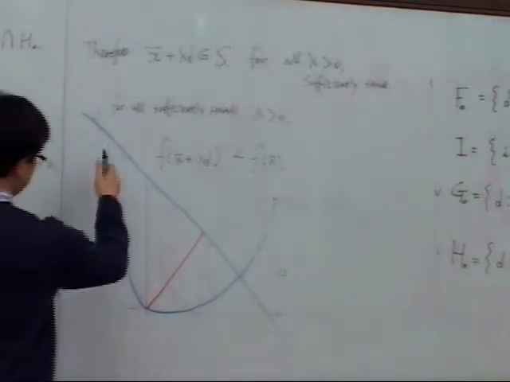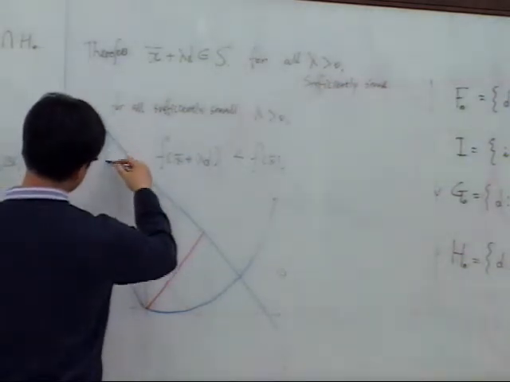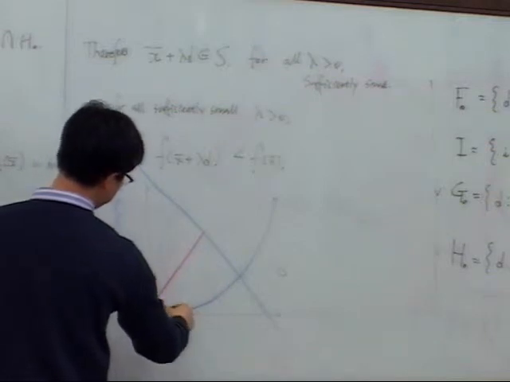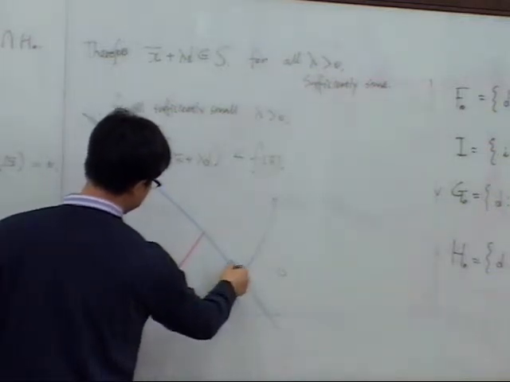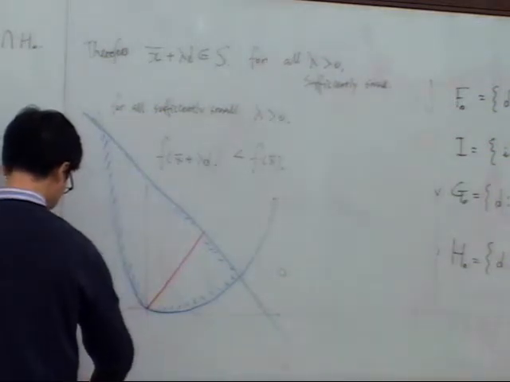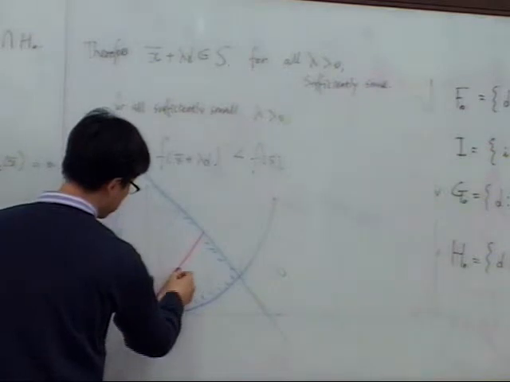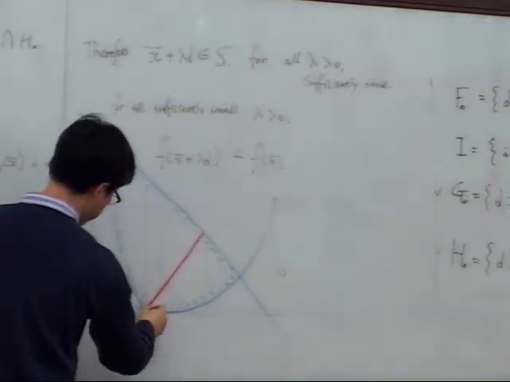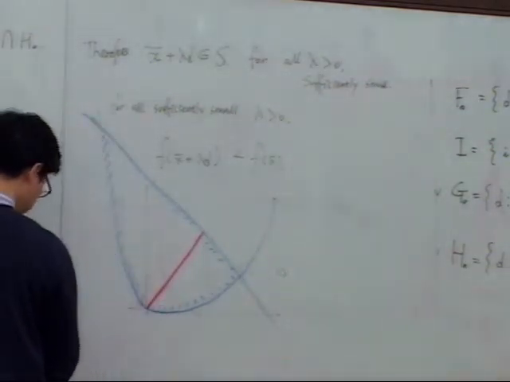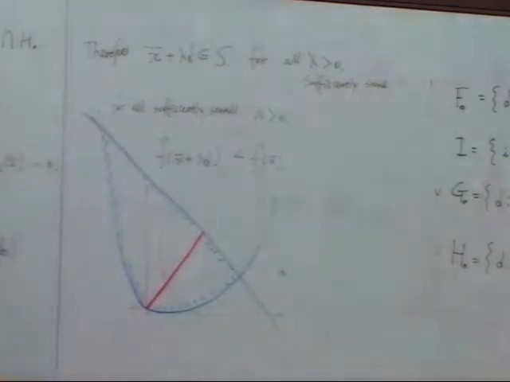You are only allowed in this region by the inequality constraint, and you are only allowed to move on this line by your equality constraint, and this is the minimum of the function f(x).